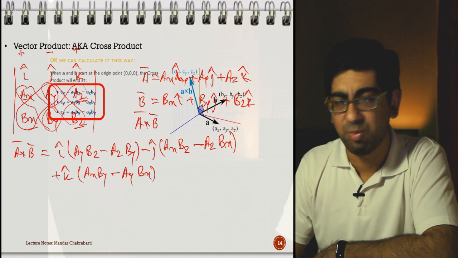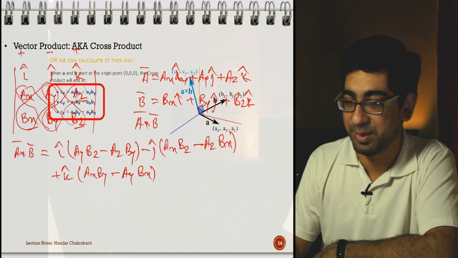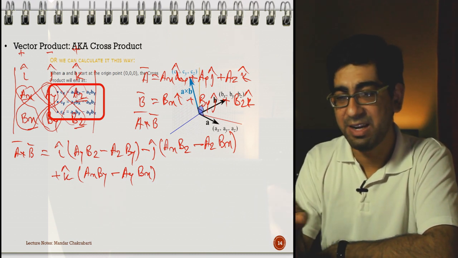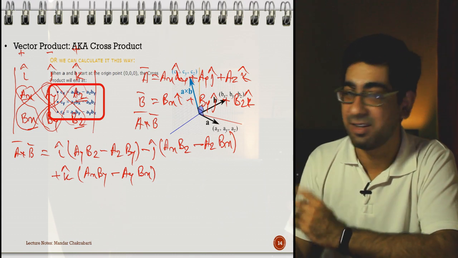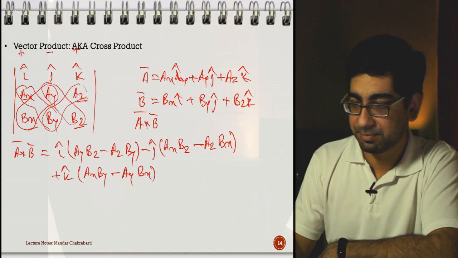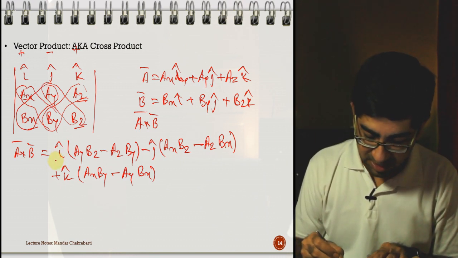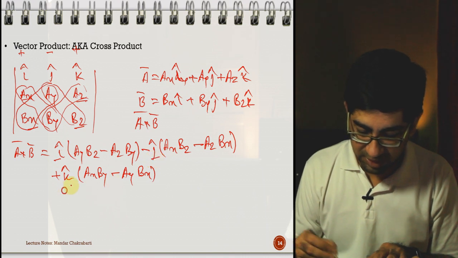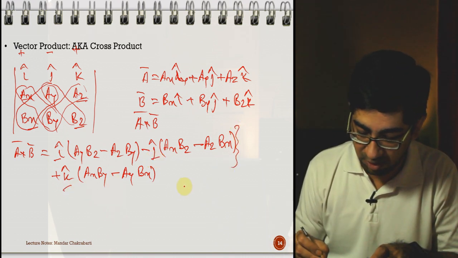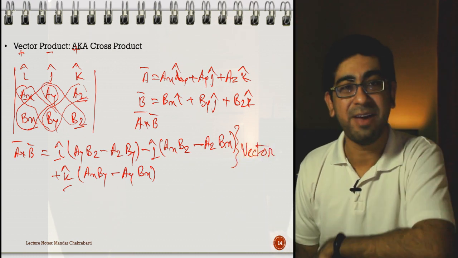Oh, too much clutter. I'm sorry about that. Way too much clutter on this page. Anyway, you can verify that the two results are exactly the same. Okay, now basically, since we have i component, j component and k component, this result that we got is a vector.